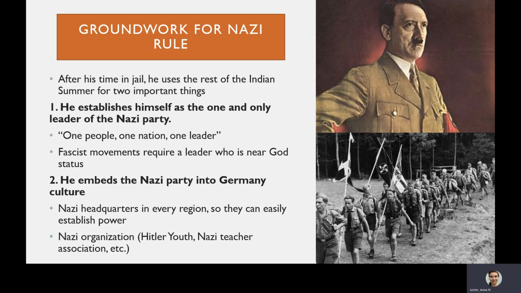Like if you want to go learn first aid, go to the Nazi headquarters. You want to have a knitting group, go to the Nazi headquarters. And also, when Hitler takes over, those headquarters will become basically like state capitals.